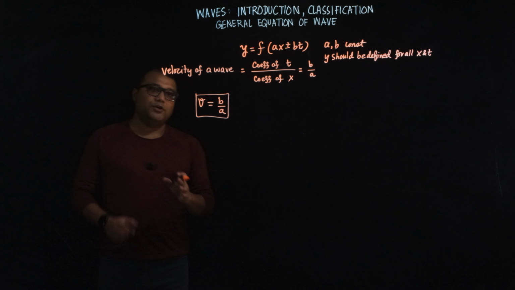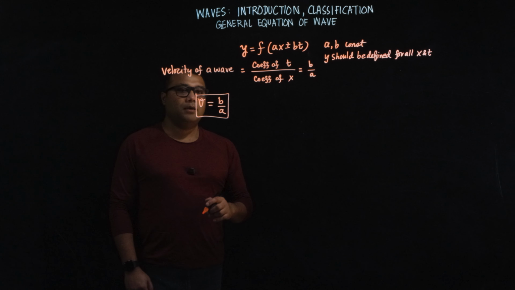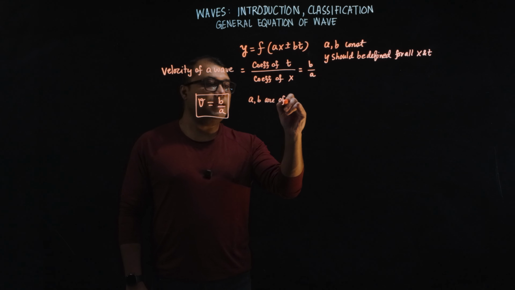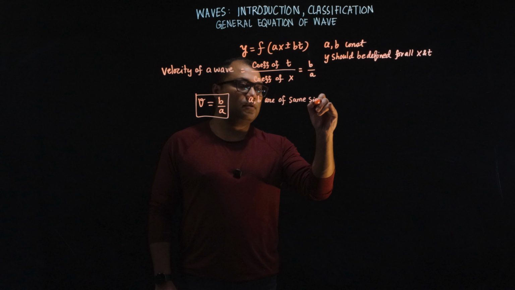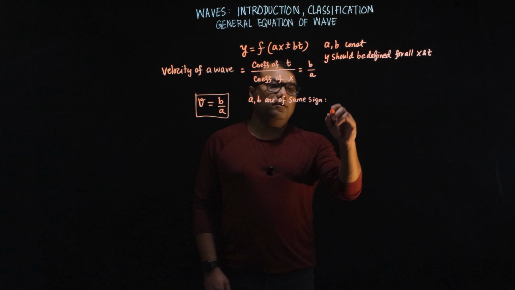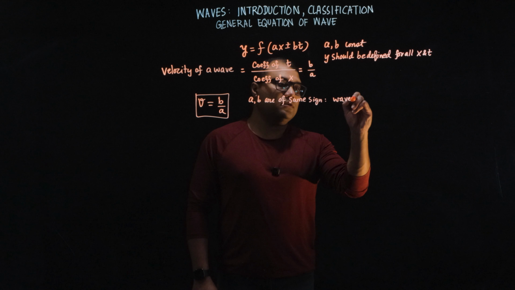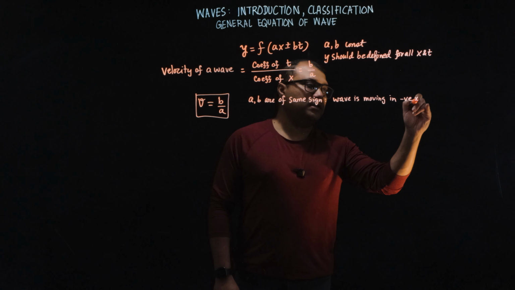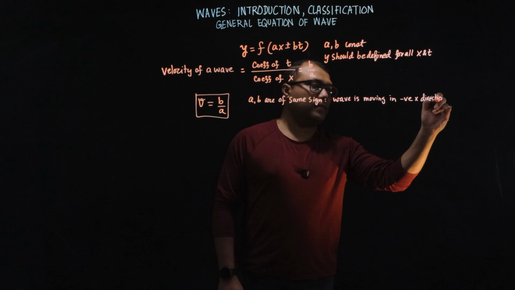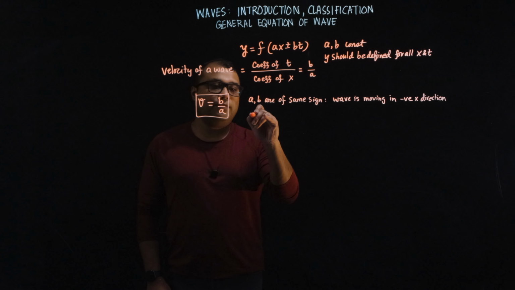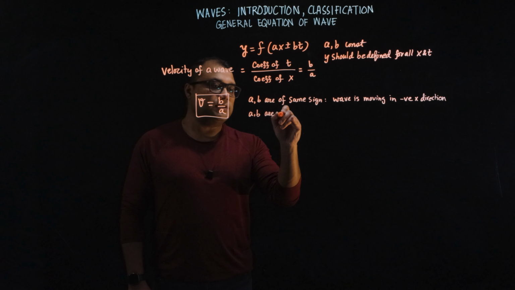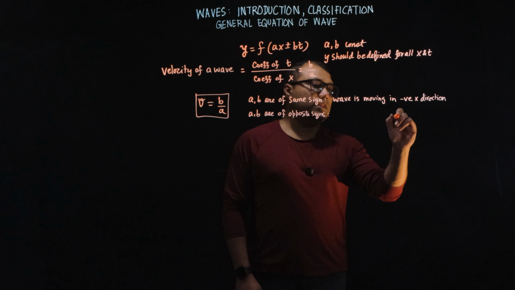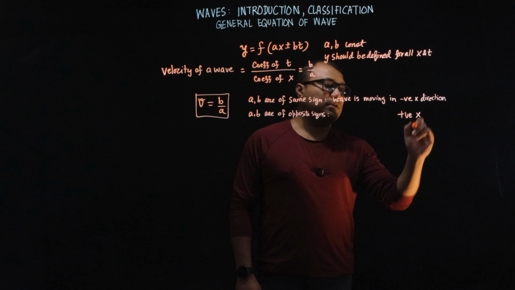And in which direction is the wave moving? If a and b are of the same sign, then the wave is moving in the negative x direction. If a and b are of opposite signs, then the wave is moving in the positive x direction.